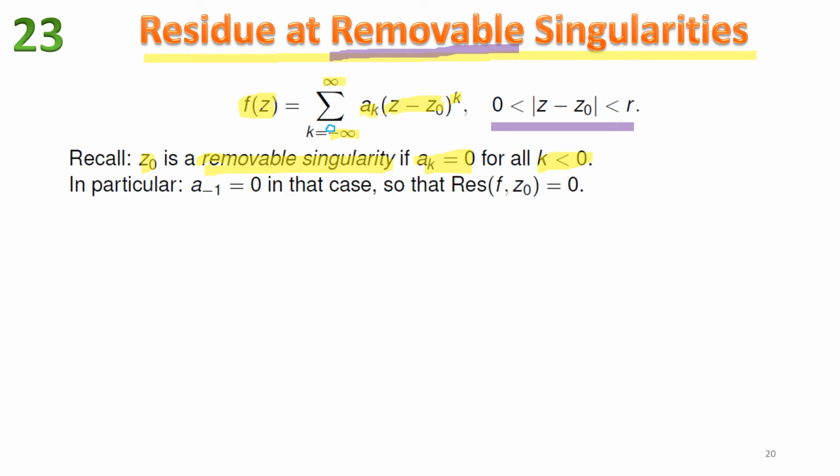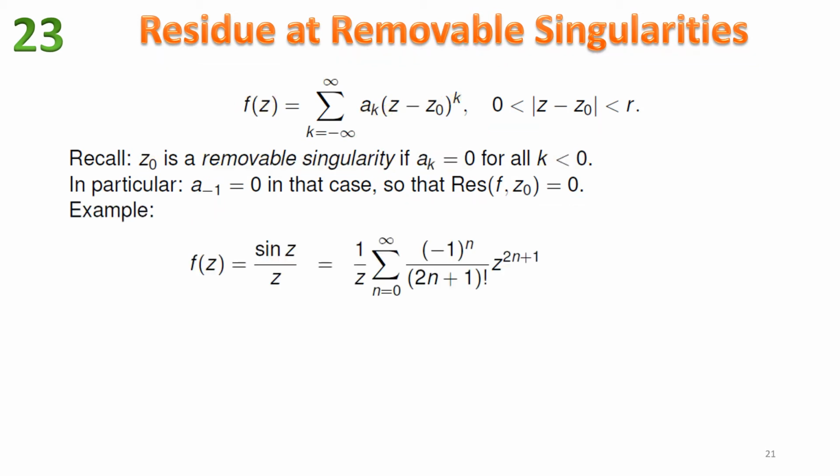In particular, ak for negative values is vanishing, so obviously all negative coefficients are 0. Therefore a minus 1 is also 0 in this case, and it is very obvious that the residue of the function f at z0 is equal to 0.